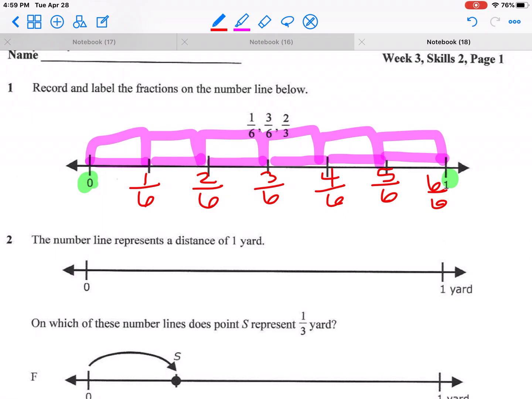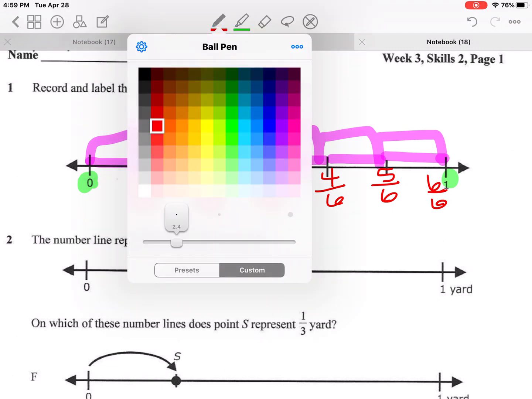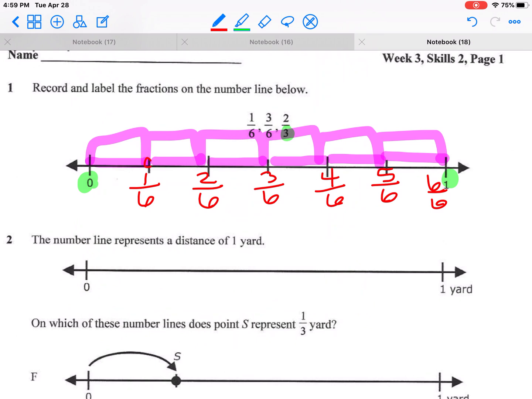So now I can label, and right now I'm already noticing that I have one fraction that has a different denominator, but I'll get to that one. So where is 1/6? I found it, so I am going to label it. Where is 3 out of 6? I found it, so I am going to label it.